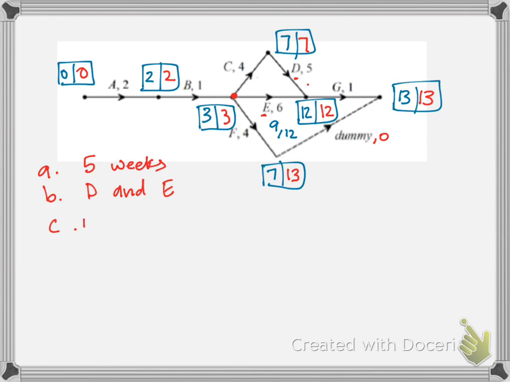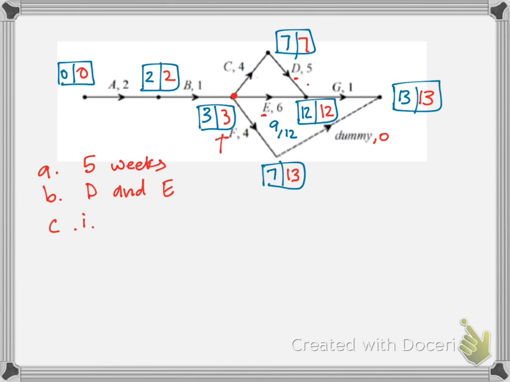Okay, now C part 1. We're asked, what is the latest start time of activity E? And this is where you have to be really careful, because the latest start time of activity E is not necessarily this 3 here.